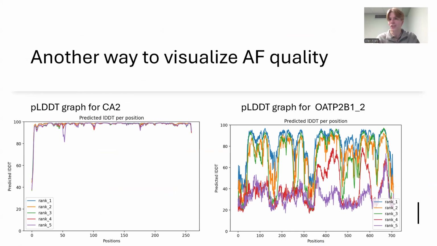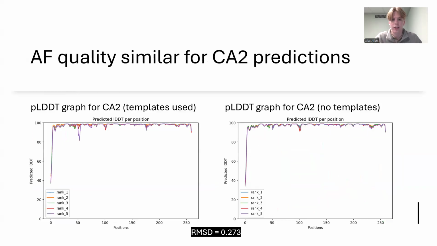I looked at it and said, oh shoot, I didn't do that properly. So I'll probably get a less dramatic graph, but a more realistic look at the difference between the AlphaFolds for the CA2 and the AlphaFolds for the OATP, and not just like with this one, where I turned the MSA way down and was purposely looking for some wonky results.